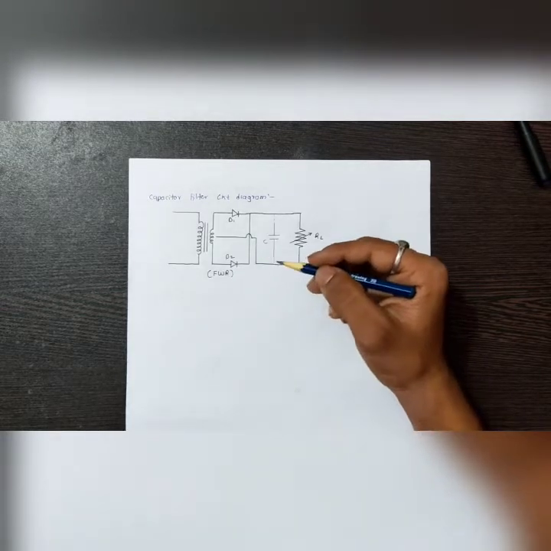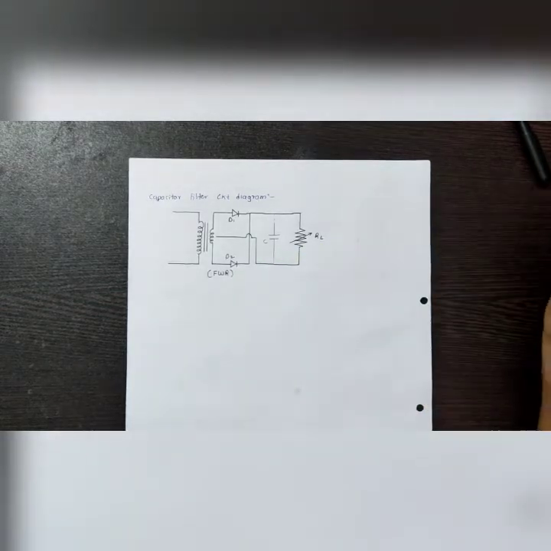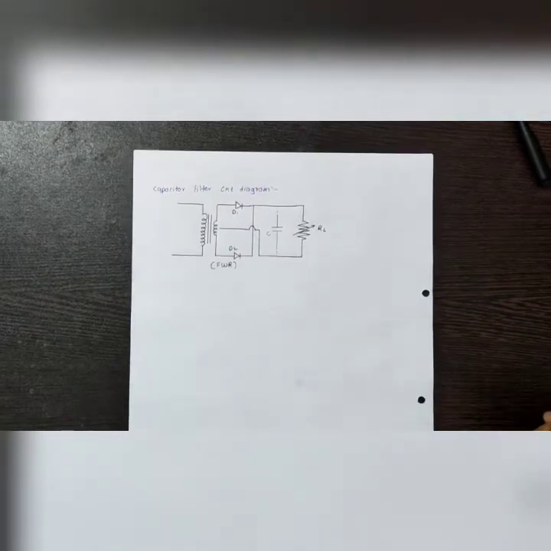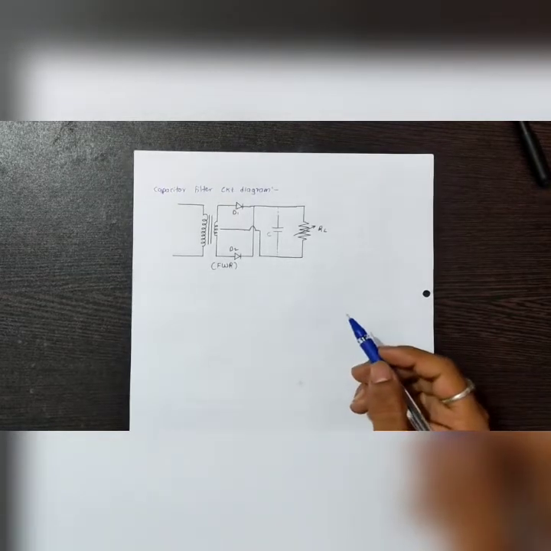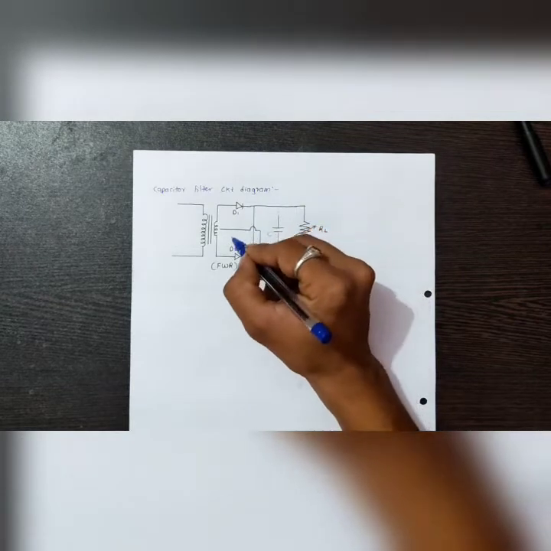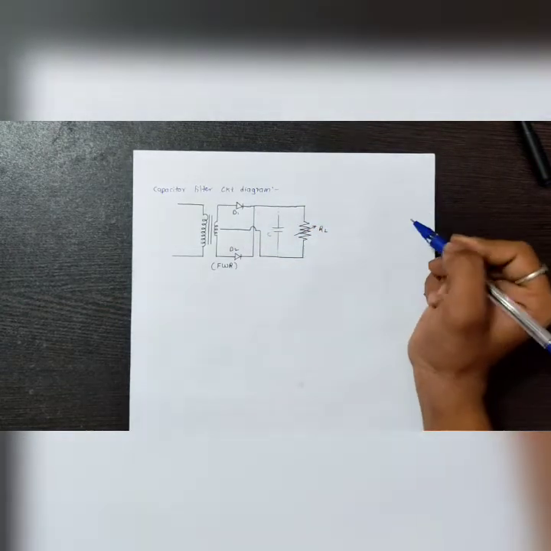We can use either a full wave rectifier or bridge rectifier, or a half wave rectifier also. So here we use a center tap full wave rectifier. As you can see, the center tapping is done over here.